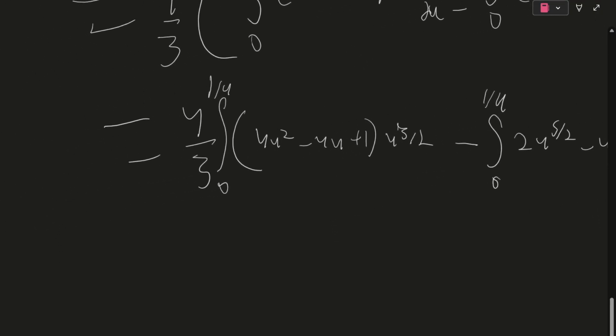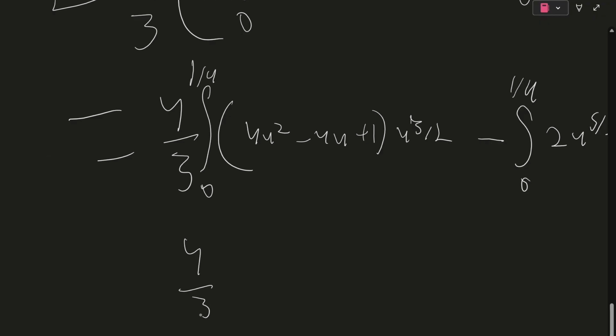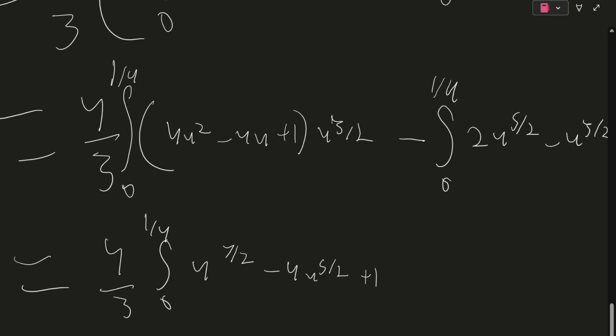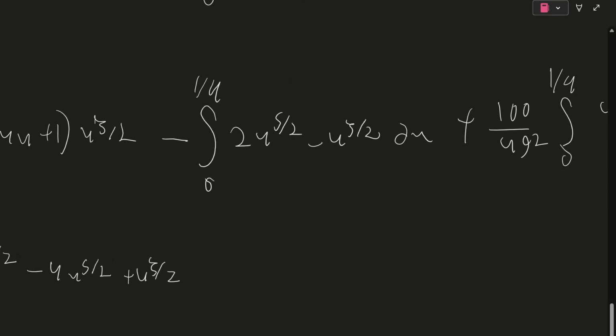And now we can go ahead and multiply out our first integral. And this becomes 4 times u to the 7/2 minus 4u to the 5/2 plus 1, or plus u to the 3/2. And then we'll actually go ahead and write this as one big integral again, just so we can combine like terms and do some things before we go ahead and integrate out.